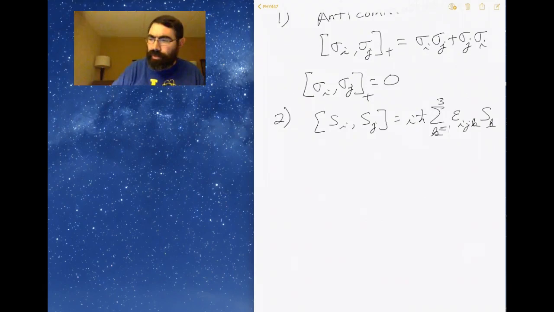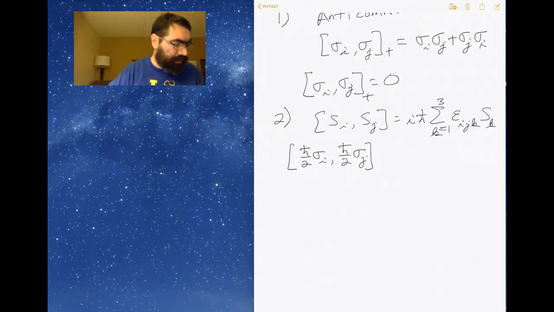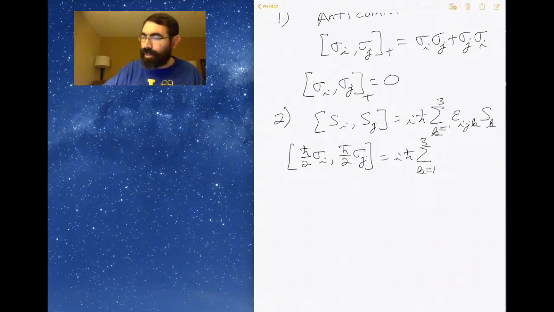Now if we put in the Pauli spin matrices, what do we get? Well, that's h bar over 2 sigma i, h bar over 2 sigma j, which is equal to i h bar, the sum over k from 1 to 3, Levi-Civita, and then h bar over 2 sigma k.